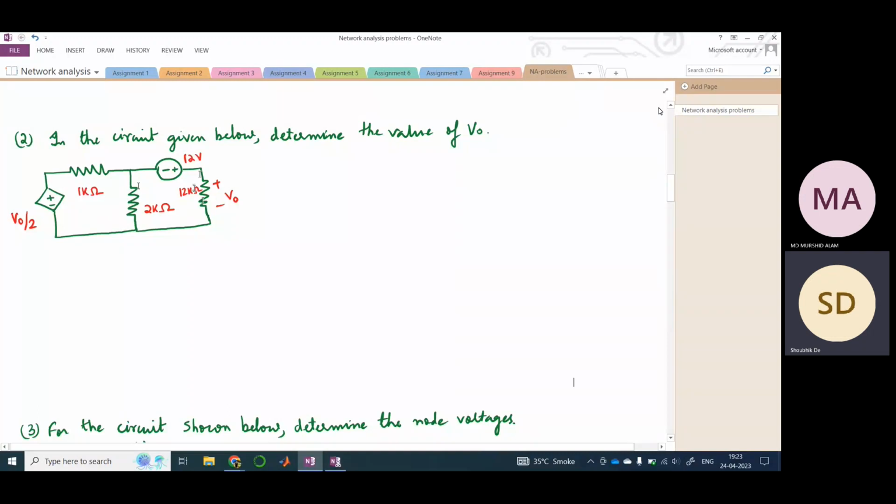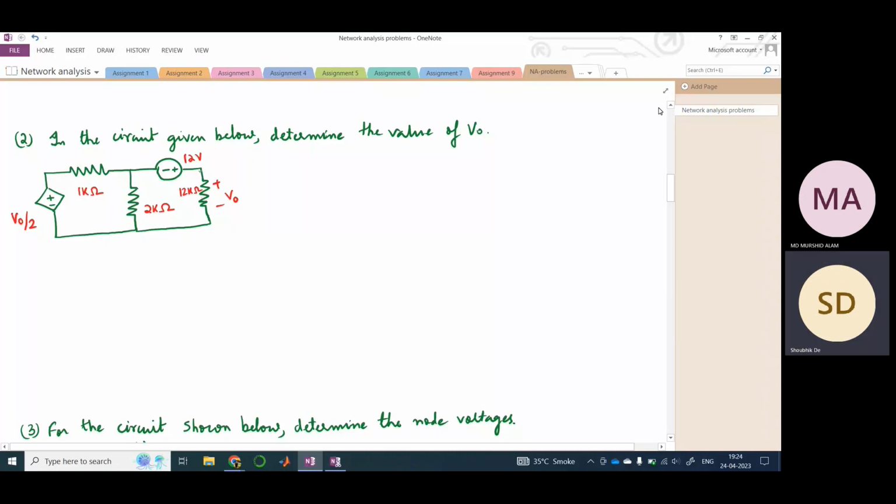We did see some problems of supernode while we were doing the assignments, but by doing this problem, if in case you have forgotten the concept, you will again remember it.